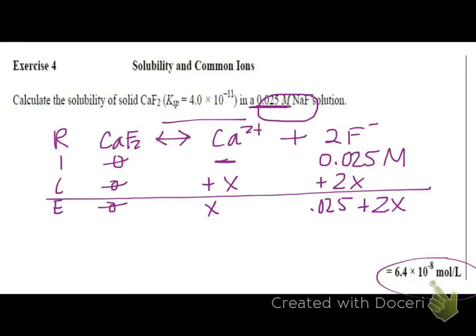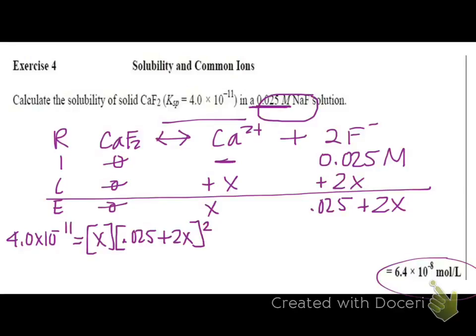So now we have our 4.0 times 10 to the negative 11. Our KSP value is equal to x, and they're going to have 0.025 plus 2x squared. Okay? Now, I'm going to show you something that's going to make life much easier.